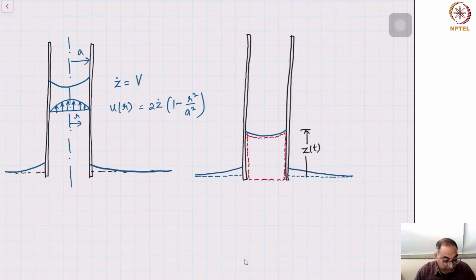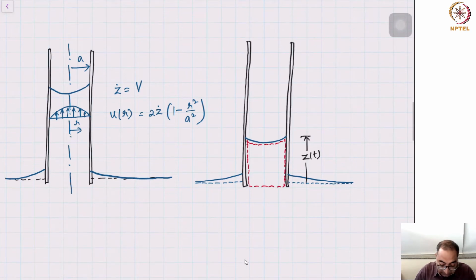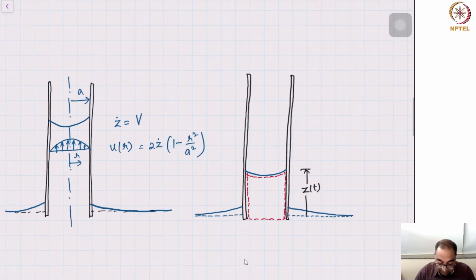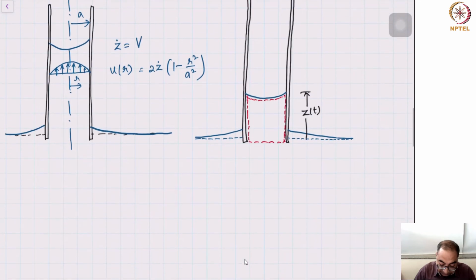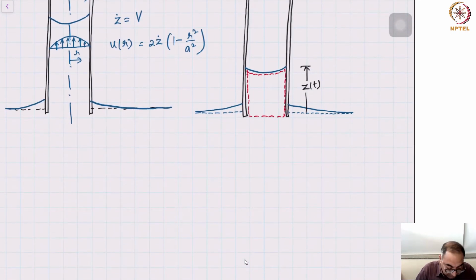Now we want to write down the force balance on this control volume, but I already said that we will be making the fully developed condition. Now let's look at why the fully developed condition is valid. For this, let's go back and take a look at what is happening in this column.